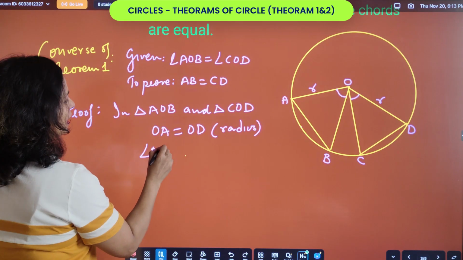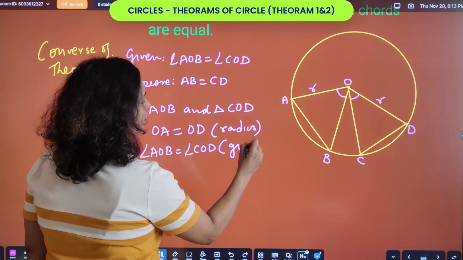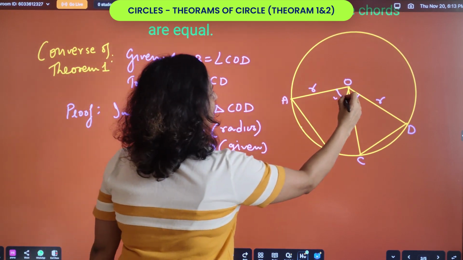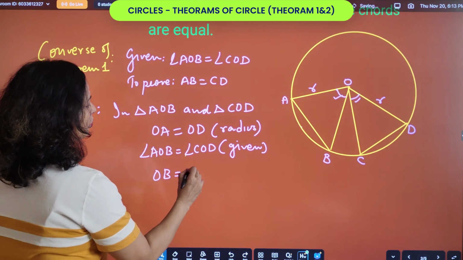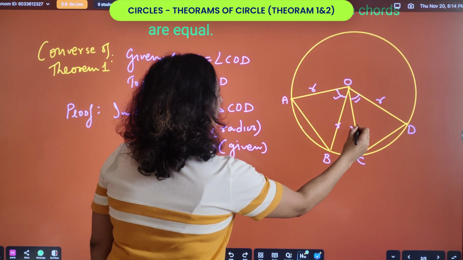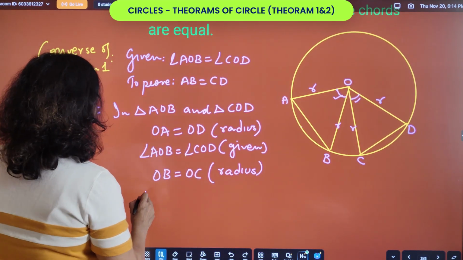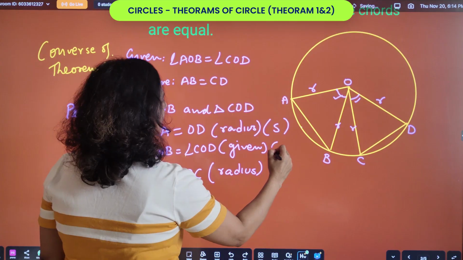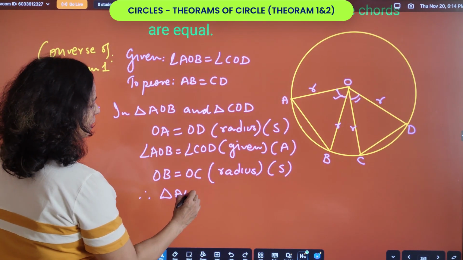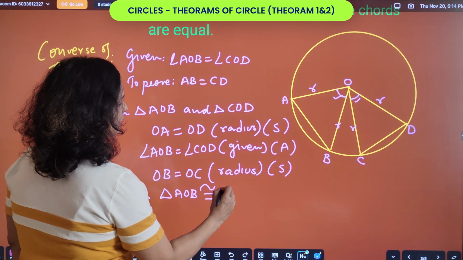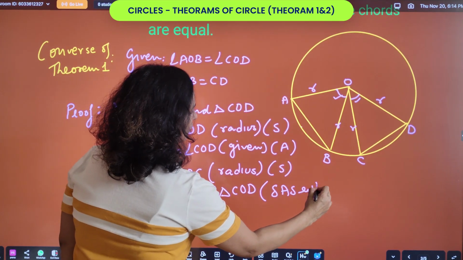We can write angle AOB is equal to angle COD because it is given to us. And also we can write OB is equal to OC, again the radius of the same circle. So by this we have side, angle and side. Therefore triangle AOB is congruent to triangle COD by SAS rule.